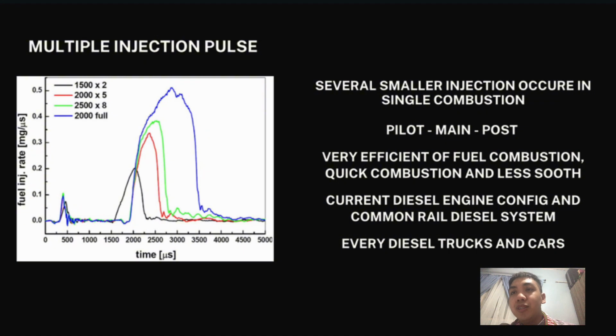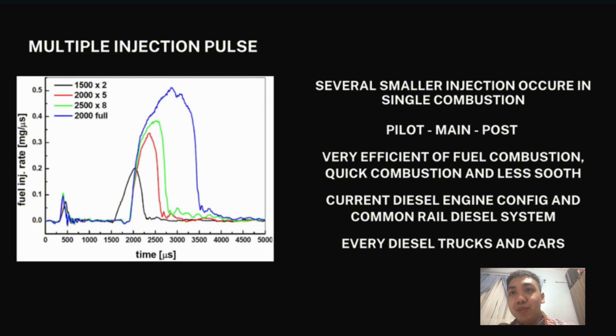This is because it is very efficient on fuel combustion, with quick combustion and less soot than the square wave and the ramp up and down. I will explain more about why it is very efficient on fuel combustion.